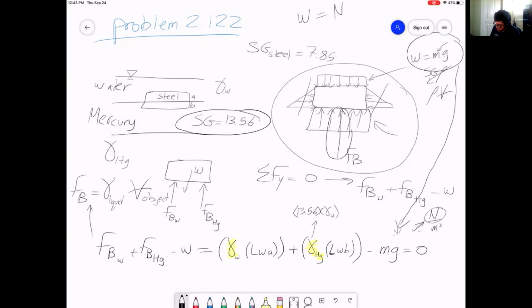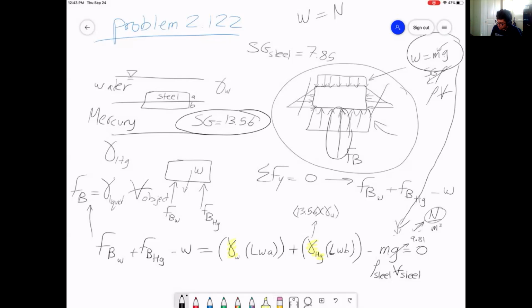Gravity is a constant value, we can assume it's 9.81. And how would you find mass? It's just density times volume, density of steel times volume of steel. What's the definition of density? It's mass over volume, so if you multiply mass over volume times volume, you end up with mass alone.